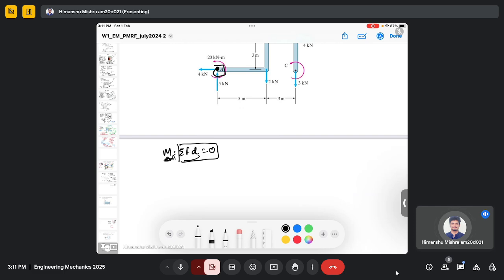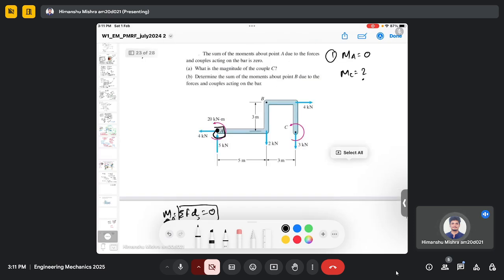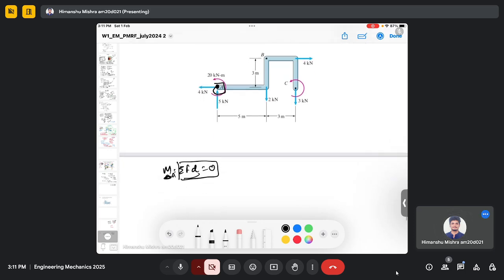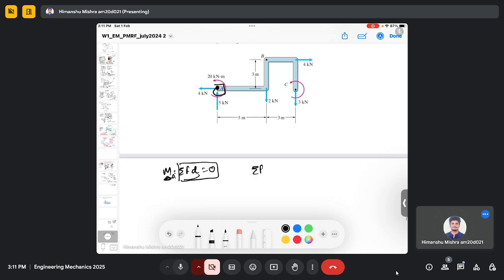I can collect all the forces and their perpendicular distances, and then calculate the moment and the unknown forces. So here we need to calculate the moment. So this equation I can more specifically write as F d plus M, because this is a moment and this is also a moment.